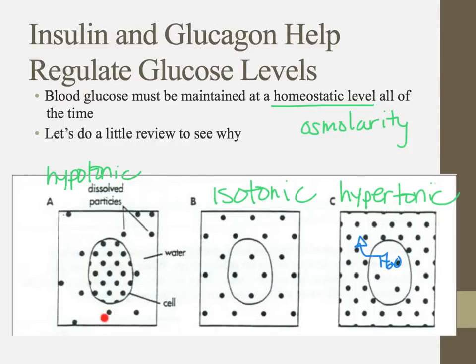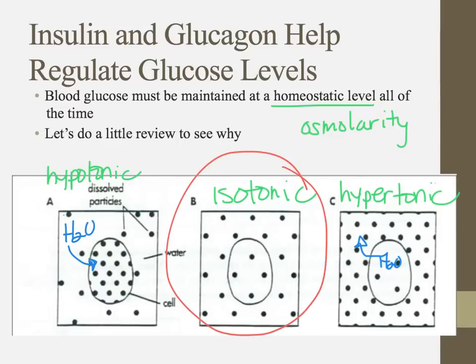The lack of concentration of glucose in the blood plasma causes excess water from the plasma to enter the cell via osmosis, and this could cause so much water to enter that the blood cell could pop. So we really want to make sure that our blood glucose, meaning the concentration in the plasma, remains isotonic, or the same as the concentration within that blood cell.